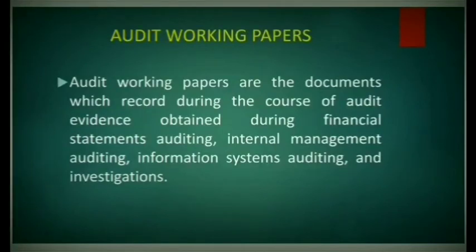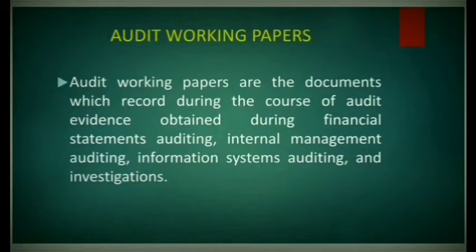In this slide, we will see what an audit working paper is. Audit working papers are documents which record all the evidence obtained during financial statement auditing. That is, papers and documents which contain important facts about the accounts under audit are called audit working papers.